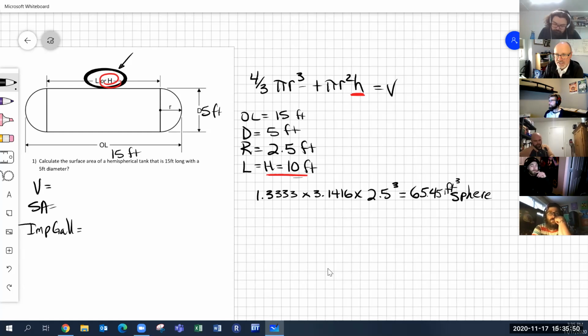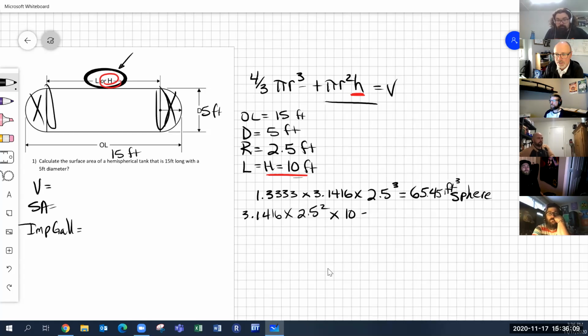And now we have the cylinder left over, because once we calculate the sphere, we just have the cylinder sitting in here. And that's all we have to do. So that's pi, which is 3.1416 times 2.5 squared times the height, which is 10. And that equals 196.35 cubic feet. And that's the cylinder.